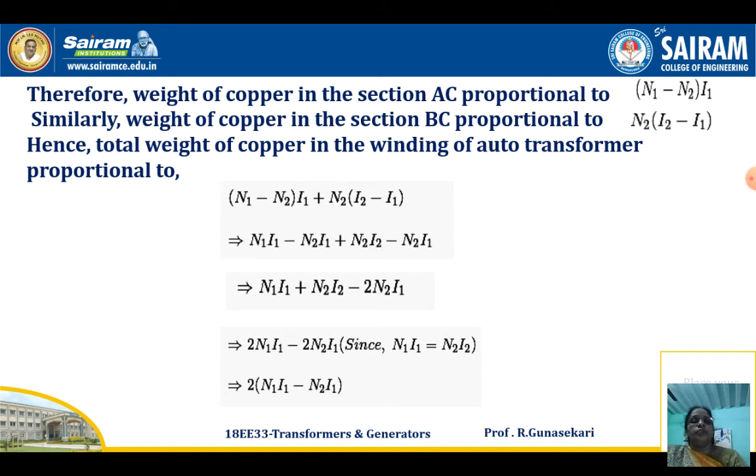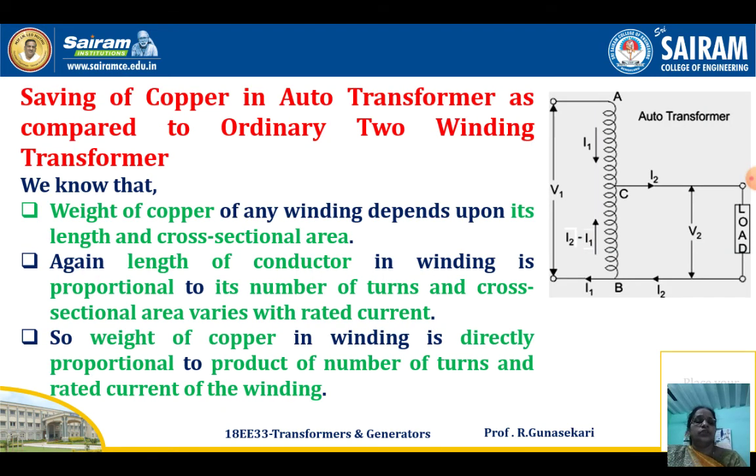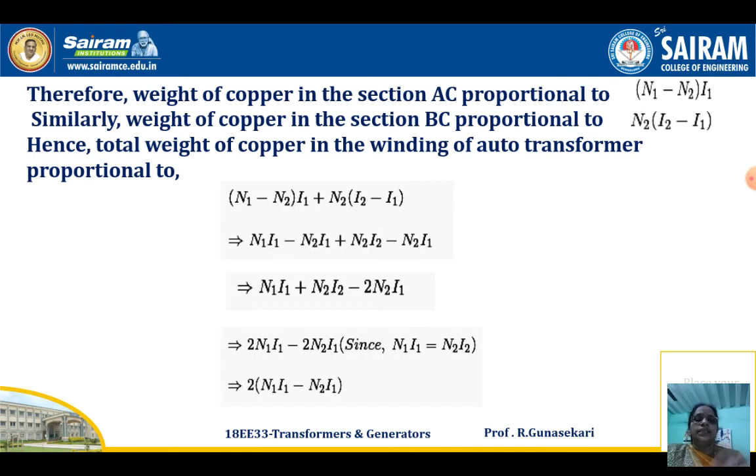So therefore the ampere turns: the current I1 only is flowing through AC, so the AC ampere turns are N1 minus N2 into current I1. Similarly, for BC, the current is I2 minus I1 and the turns is N2.